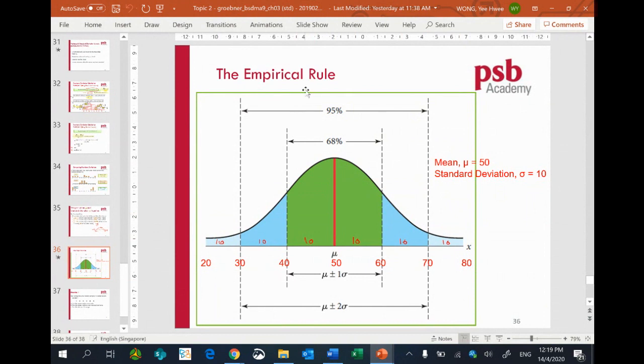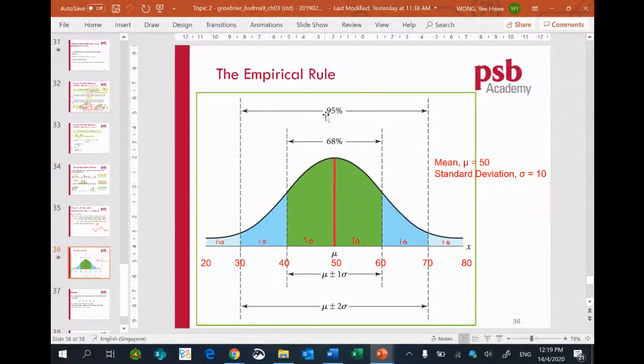Then the rule says if you are going to look at the area from the center, 1 standard deviation to the left up to here, and up to 1 standard deviation to the right up to here, the whole green patch here makes up 68% of the entire area below this curve. Okay, this is the magic number that you need to remember.